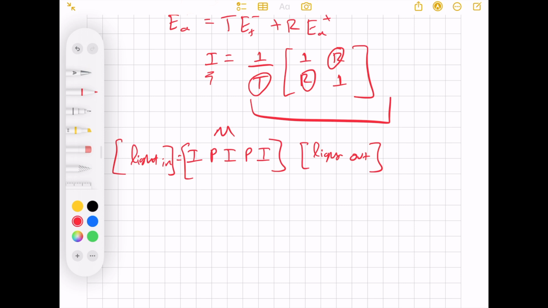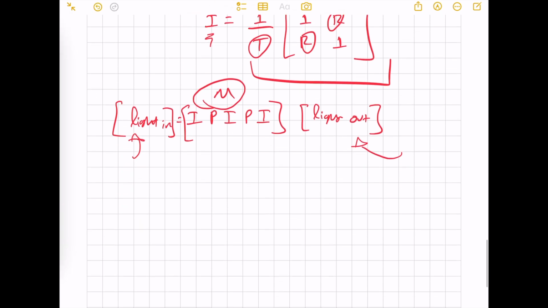So by just looking at the light that's going in and the light that's going out, we can determine M, and from M we can determine the attenuation coefficient and the refractive index of the film.